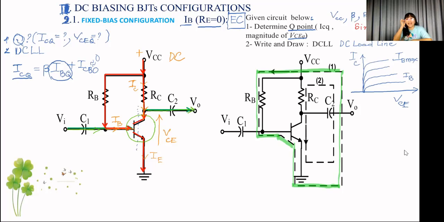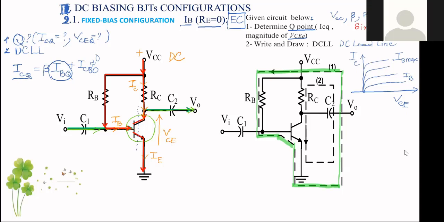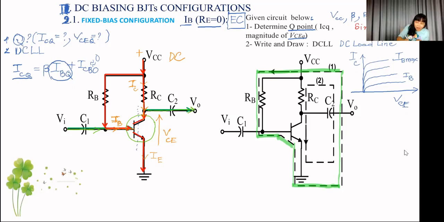And now I would like to ask you one more question. Everybody ready to answer in the message, okay? When we turn on the DC circuit, we already have the DC current, right? And my voice is the signal from the left to the right.